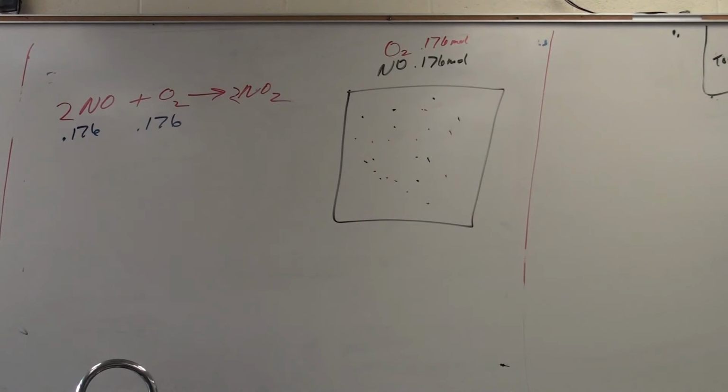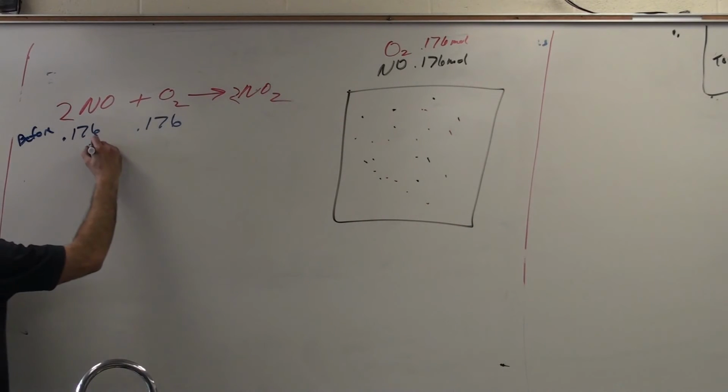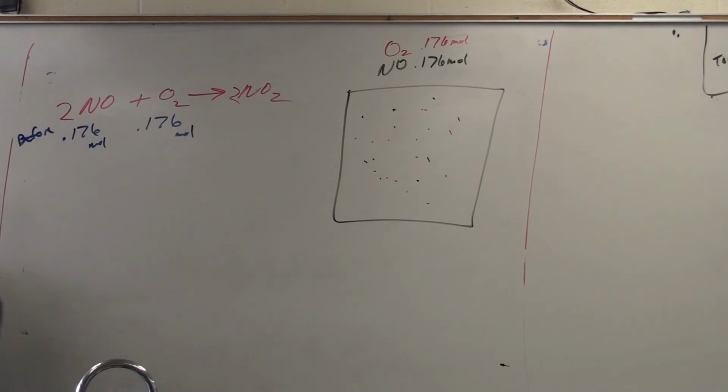Well, we can kind of already tell. They gave us the same number of moles. The nitrogen monoxide will be used up twice as fast as the oxygen, right? So before my reaction, I have this many moles of each. These will be used up faster.